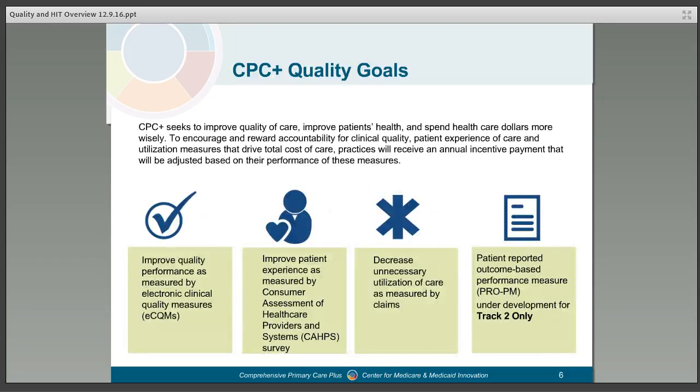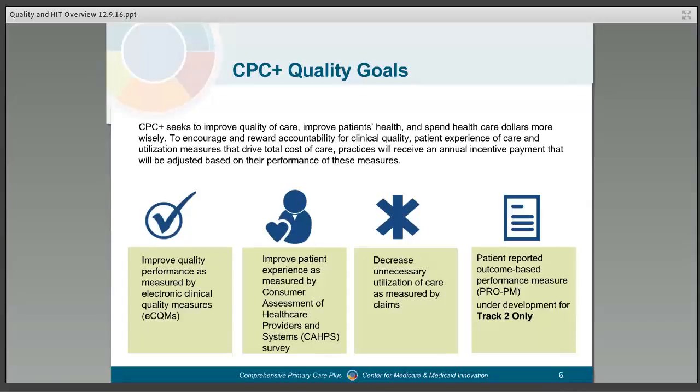Okay, first our goals and requirements. As most of you know, what we're seeking to do here is to improve quality of care and improve patients' health and lower healthcare expenditures, the triple aim. So we're looking to reward quality improvements of various types, and we're measuring clinical quality improvement using our electronic clinical quality measures, and we'll talk later about what those are and the process of selecting those.